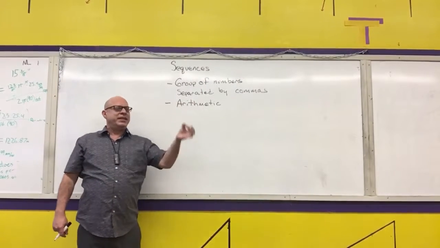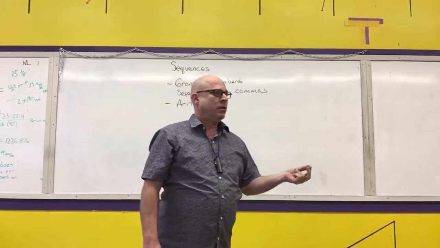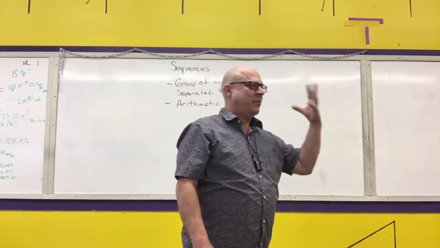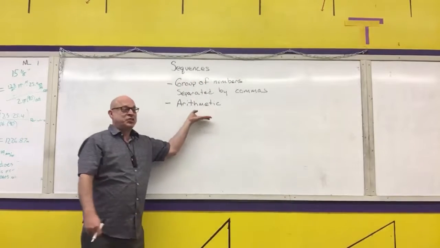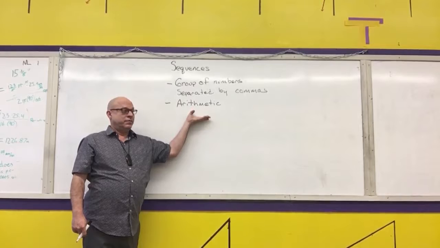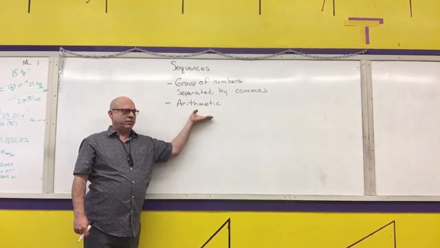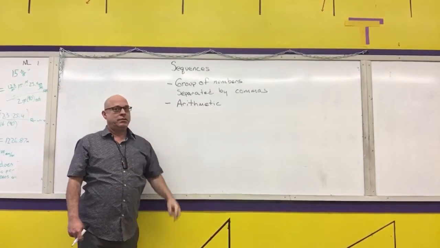Okay, arithmetic is a verb. Arithmetic is the process of doing the math. This is the description of the math. This is a noun. So you have to determine which is which. The arithmetic that you do is a verb. This is a noun.